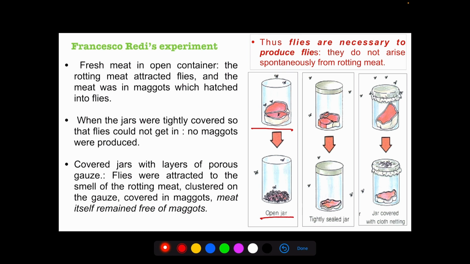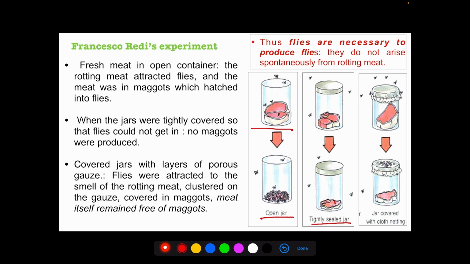Secondly, he covered the whole meat tightly so that flies could not get into the container. And what was seen was no maggots were produced, as you can see, so it was tightly closed. Then finally, he covered the jar with layers of porous gauze.